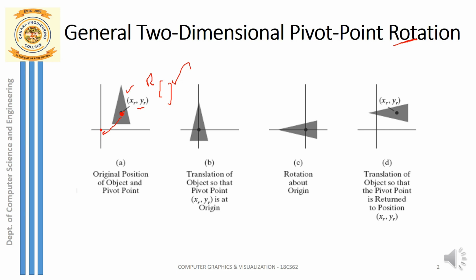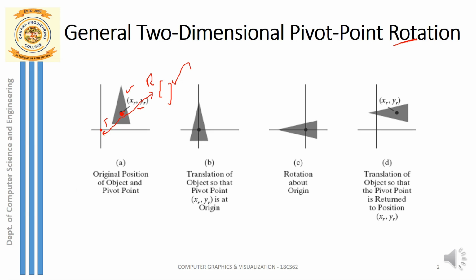In order to shift this point to the origin, I have to apply a transformation technique. What is the transformation technique that I can apply here? That is translation. Translation is nothing but displacement. But remember, this translation is not applied in the forward direction. Instead, this translation is applied in the backward direction.